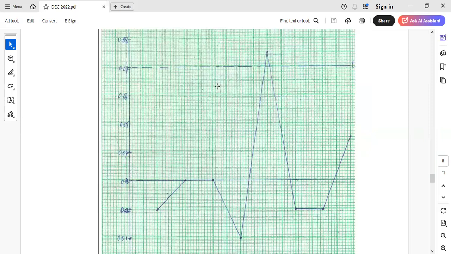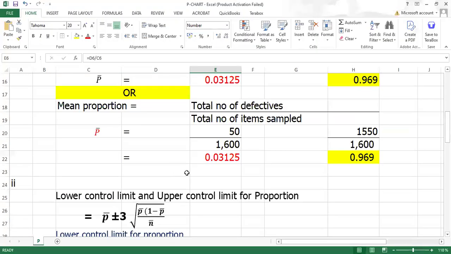Then the average. Our mean proportion was 0.03.